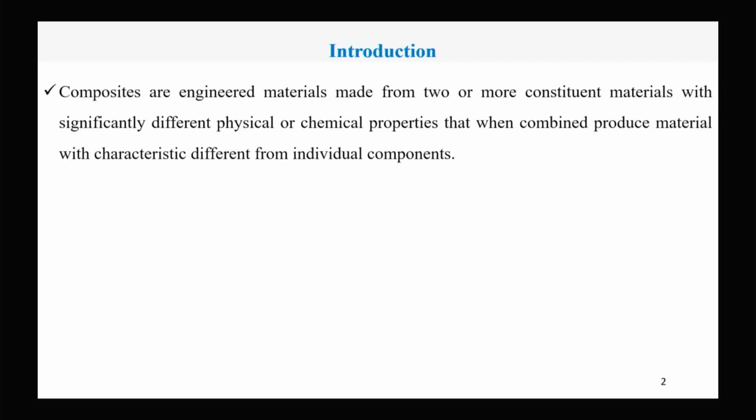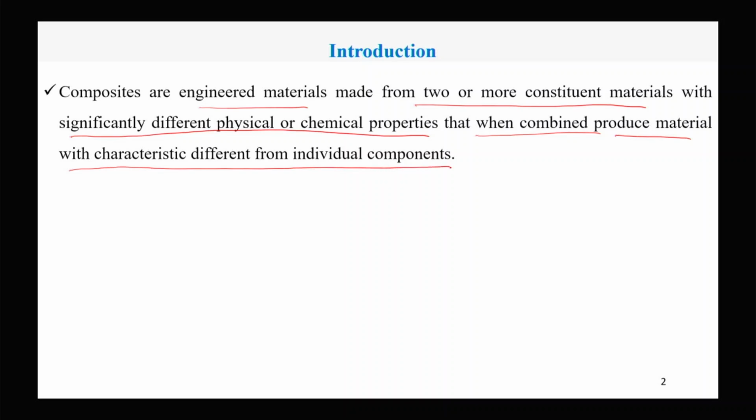First, let us see what is composite, because composites are engineered materials made from two or more constituent materials. It's made of two or more constituent materials which are significantly different in physical or chemical properties, and that when they combine produce a material with characteristics different from the individual component.